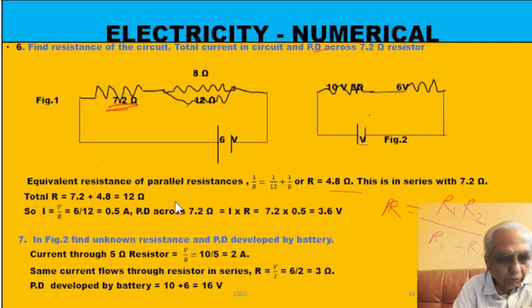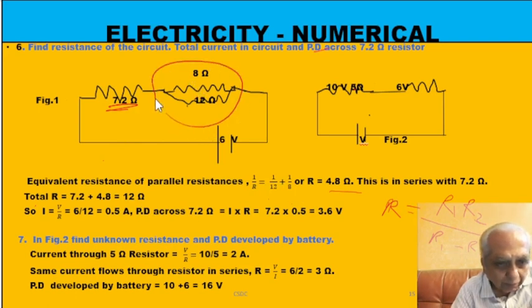Okay, so you will get the value of R as 4.8. Now this 7.2 stays, and in this place this can be replaced by 4.8. Then this and this become in series. So the resistance will become 7.2 plus 4.8, that I am getting as 12 ohm.